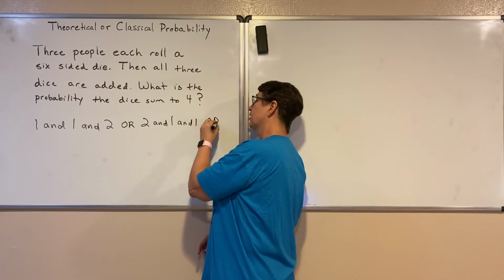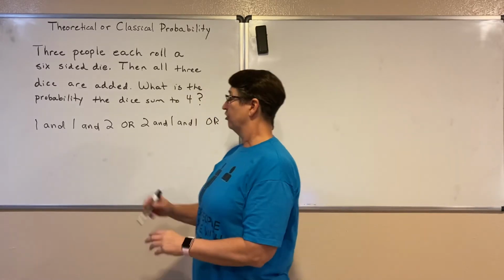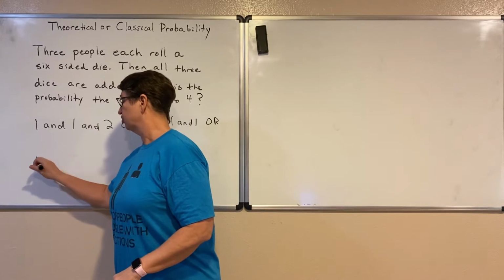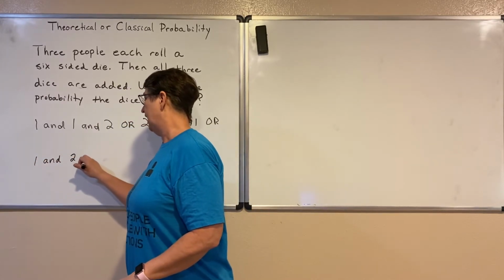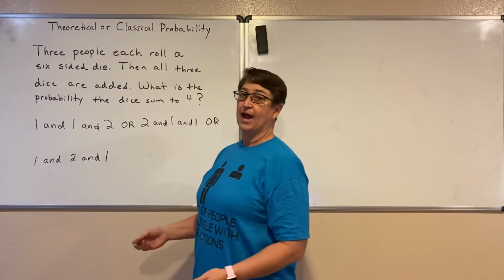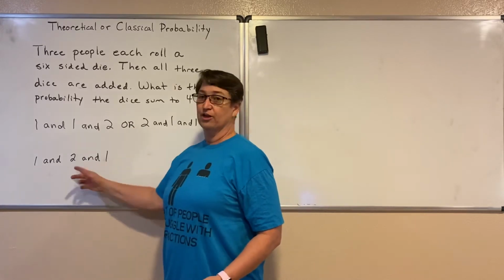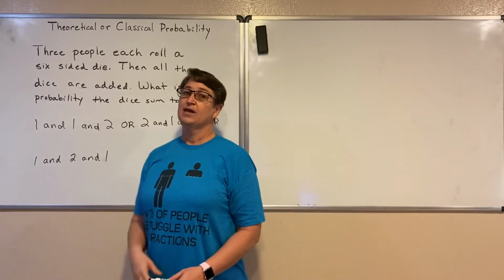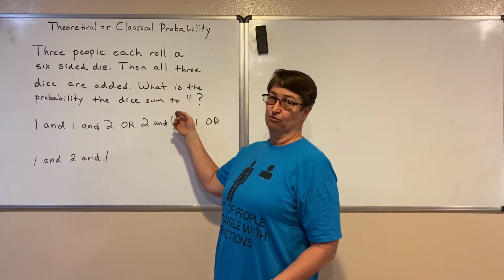Or maybe this middle guy rolls a 2. So there's a third way. The first one could roll a 1, and the second one could roll a 2, and the third one could roll a 1. Now, everybody had a chance to roll that 2, while the other 2 rolled 1s. And 2 plus 1 plus 1 is the only way we can get to 4.